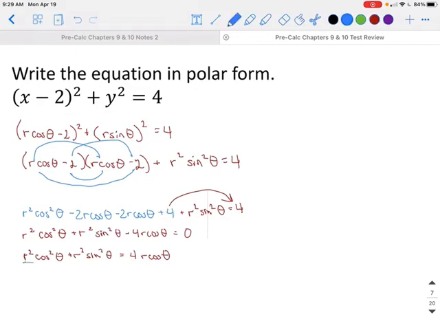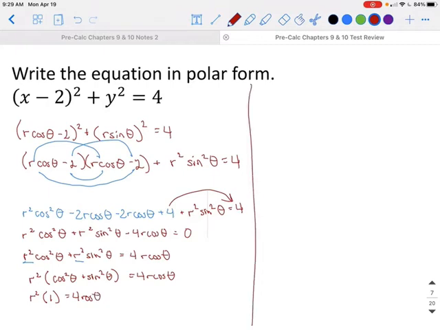Now, if you notice, both of these pieces on the left side of the equation have an r squared. So I'm going to factor that out, and that's going to leave me with cosine squared plus sine squared. Now, if you remember back to your Pythagorean identities, sine squared plus cosine squared, or cosine squared plus sine squared, is just equal to 1.